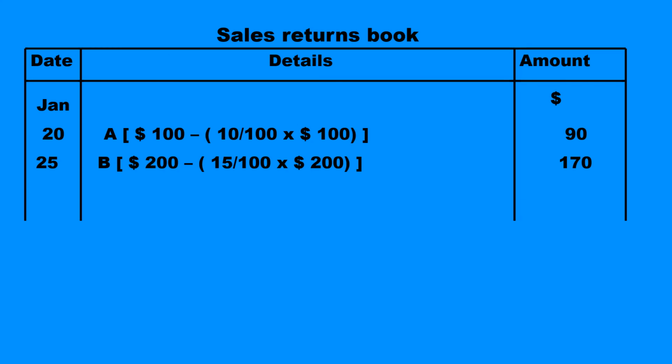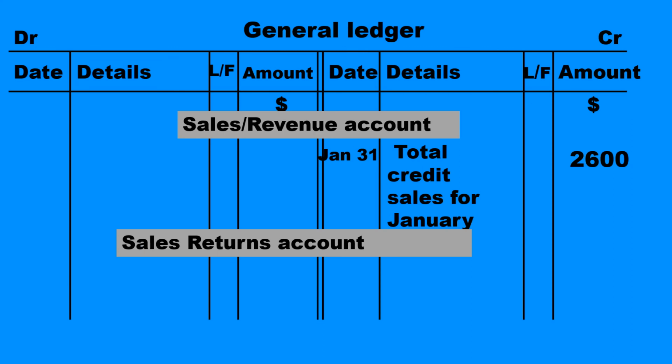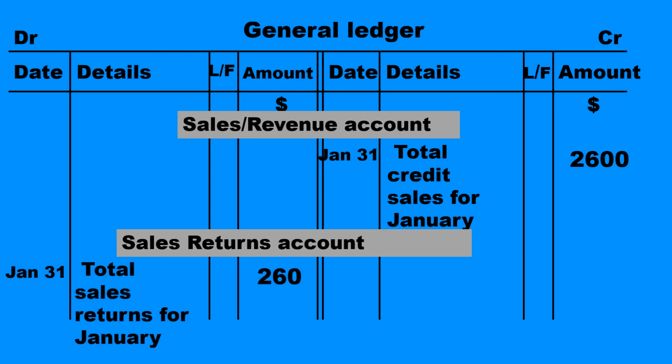The total being 260 and not the total of the list prices. So 260 is the total after the trade discounts have been adjusted for the sales returns. Therefore, total sales returns for January 260, which should be recorded in the sales returns account. In the general ledger, we already have the sales account on the credit side. Therefore, the sales returns account will be recorded on the debit side: total sales returns for the month of January 260.